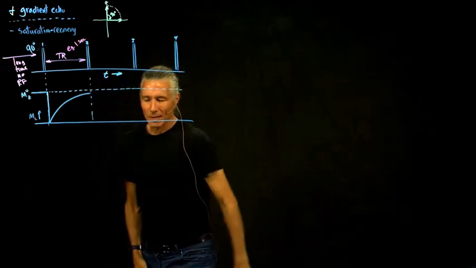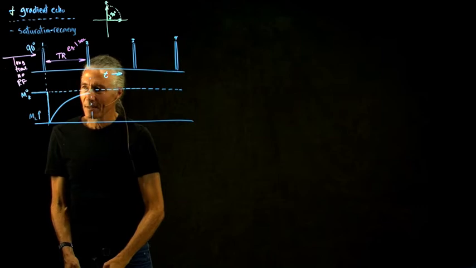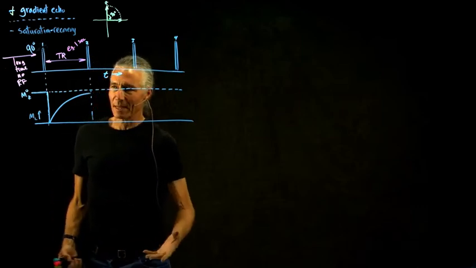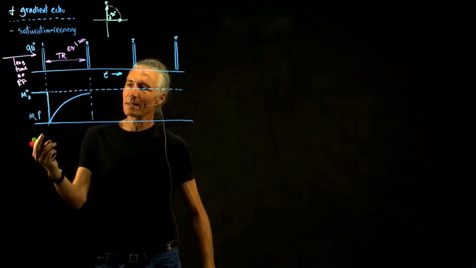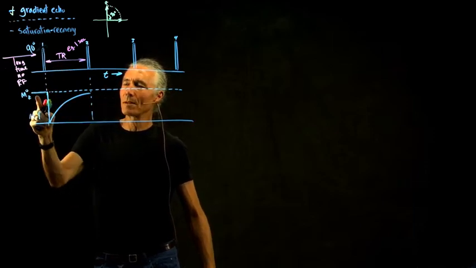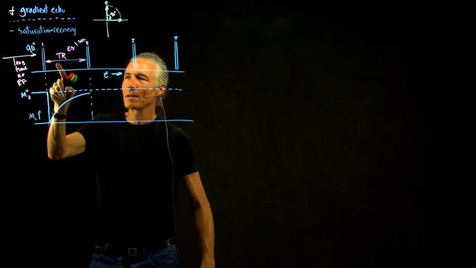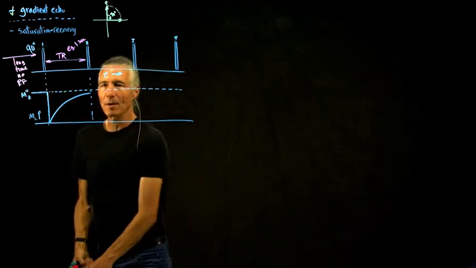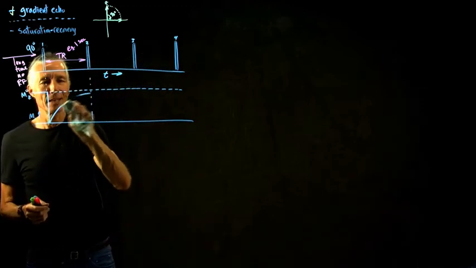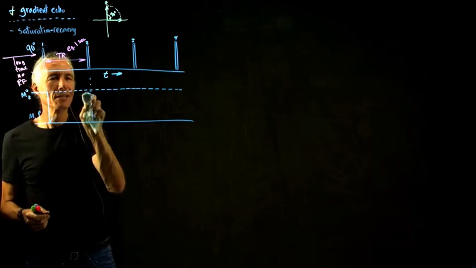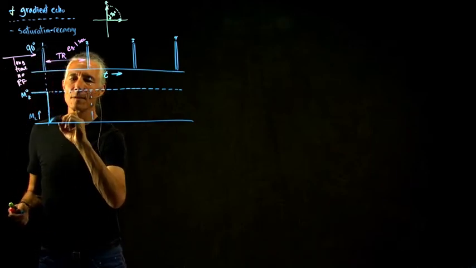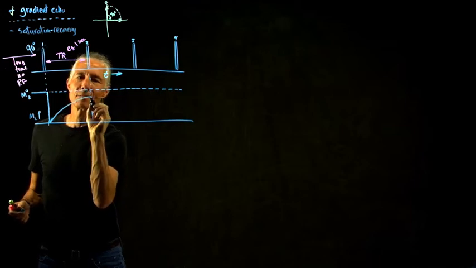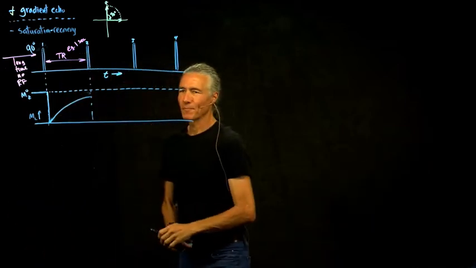If we let the TR be 5 seconds, which is enough at 3T, then we'll recover all the way up to MZ0. But if we do 1 second, we'll recover up a little less than that. That's closer to reality.